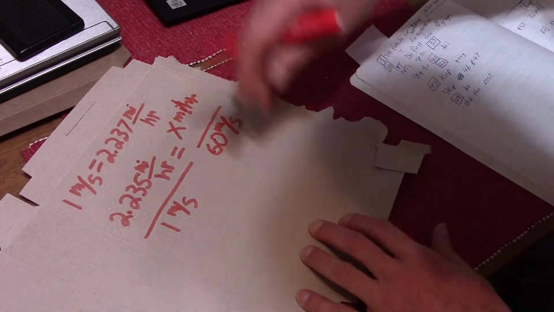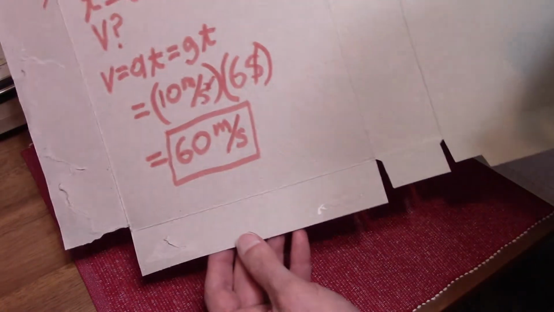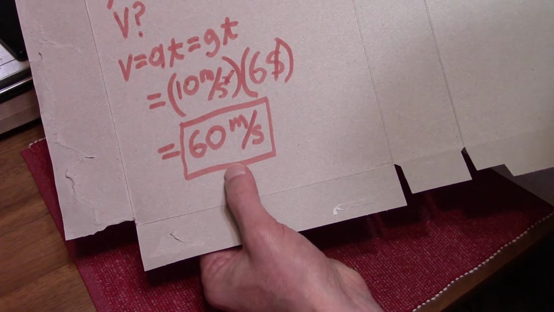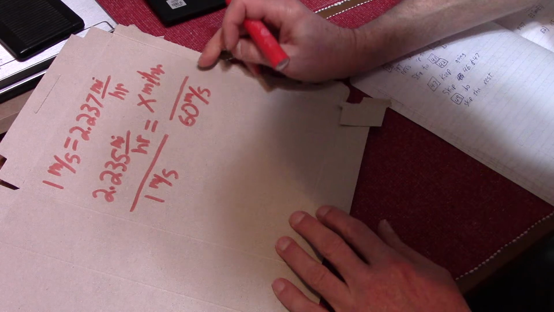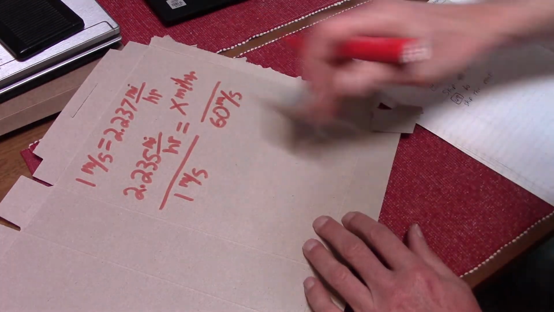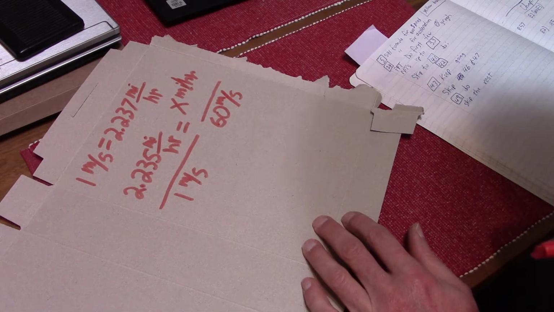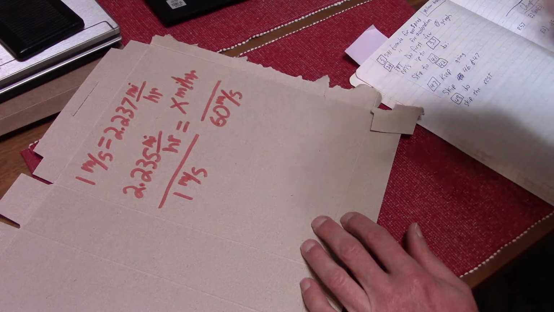And 60 is our velocity from the first part of the homework problem. Our answer was 60 meters per second. Now we're going to solve for x.